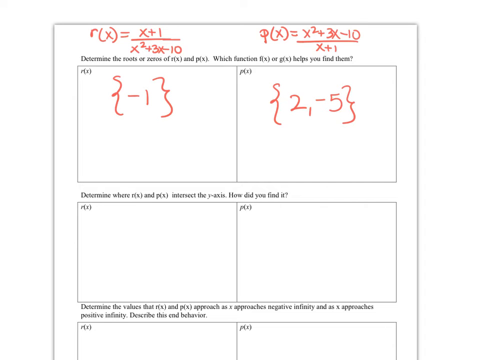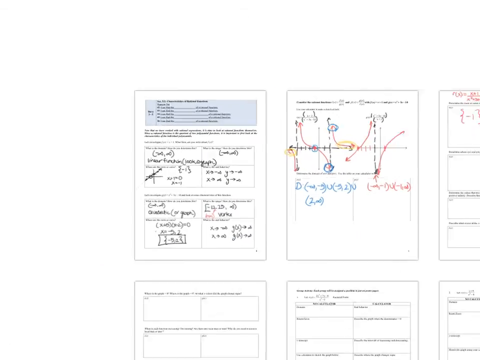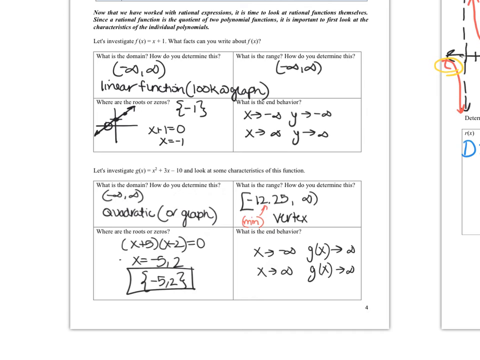Now, if you flip back to the first page, how do those values relate to f of x and g of x? Notice that the root of f of x is negative 1, and the roots of g of x are negative 5 and 2. So let's go back and take a look at that so we can see how those relate to these rational functions.